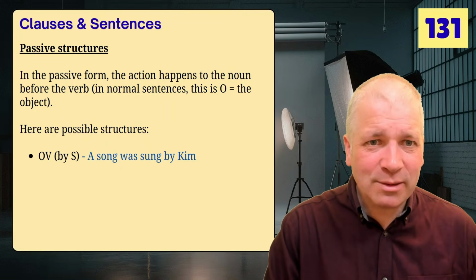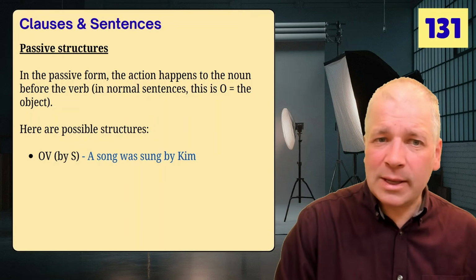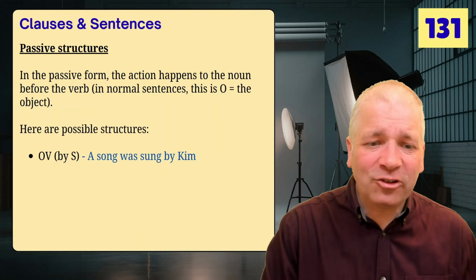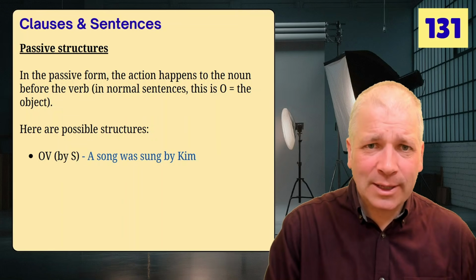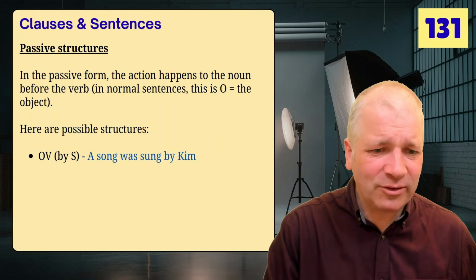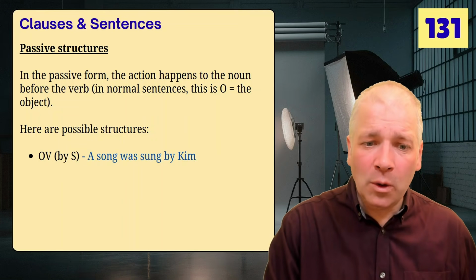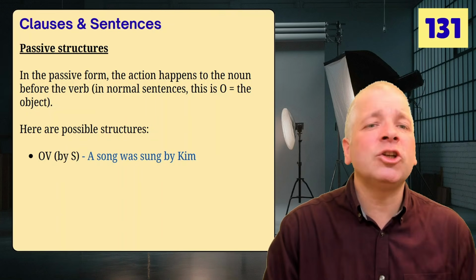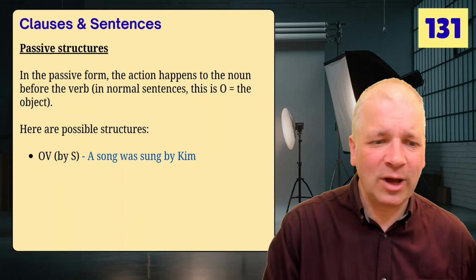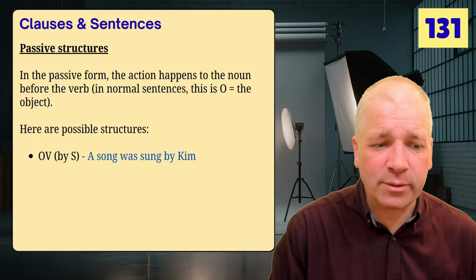Now for passive structures. There's a lot of variety in passive structures. So in the passive form, the action happens to the noun before the verb. Now in terms of position, this is the subject, but I'm going to call it O for the object because that represents the fact that something's happening to the noun, which is normally the object. Here are some possible structures.